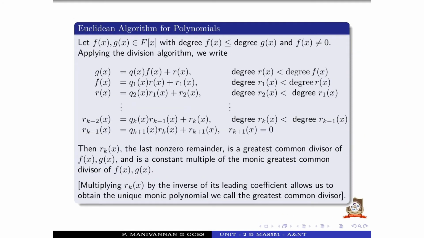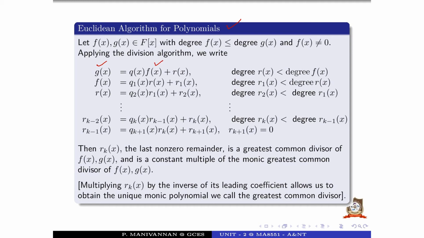Then Euclidean algorithm for polynomials. Let f of x and g of x belong to F of x with degree f of x less than or equal to degree of g of x and f of x not equal to 0. By applying the division algorithm, we write g of x as some quotient into f of x plus remainder r of x with degree r of x less than degree of f of x.